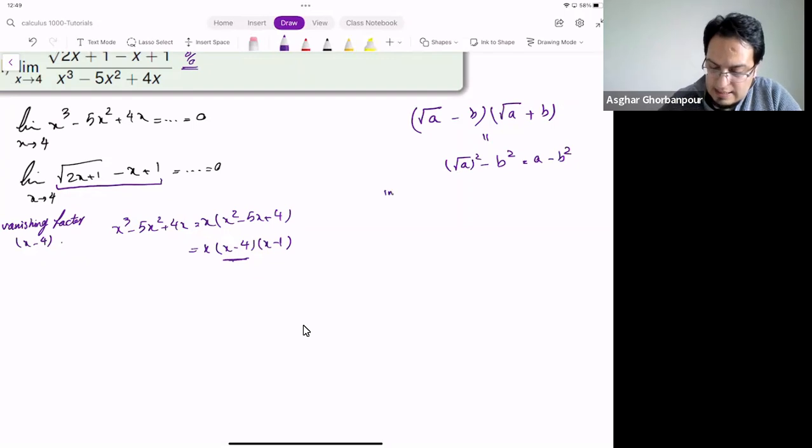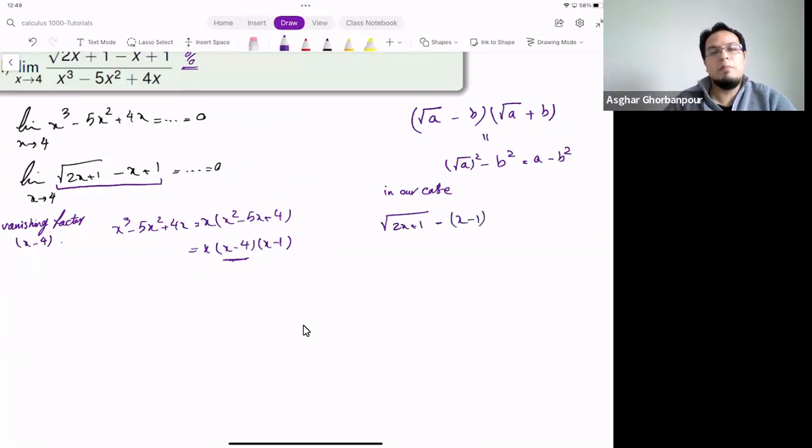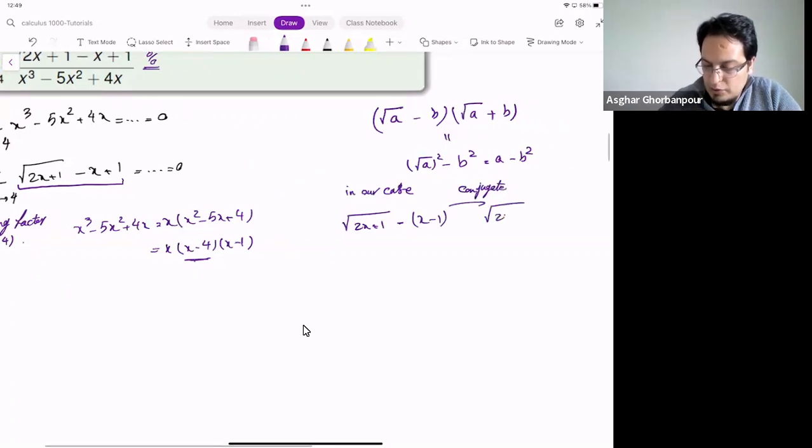In our case, the numerator is 2x plus 1. I want to write it as minus of a whole thing. That whole thing will be this, minus x minus 1. And its conjugate is root 2x plus 1 plus x minus 1.